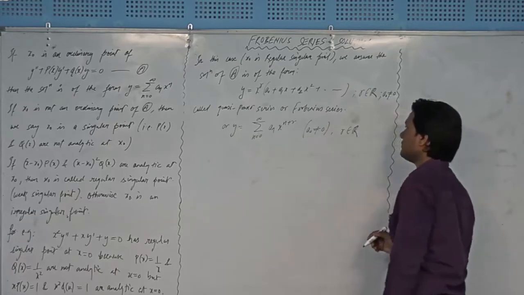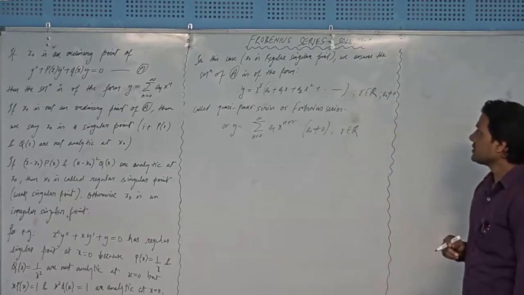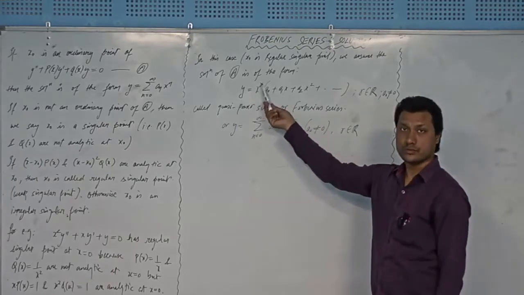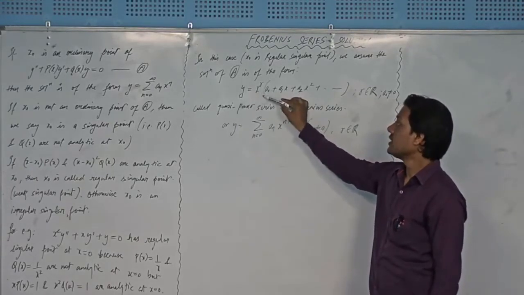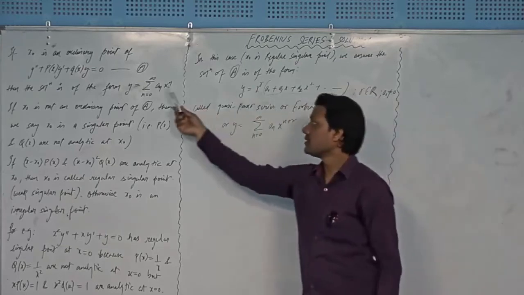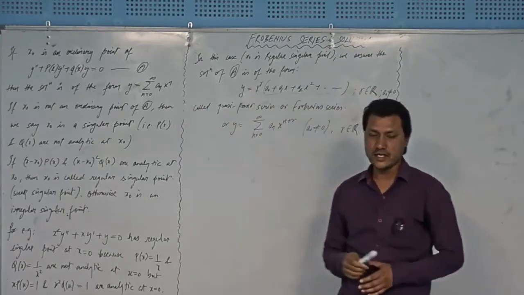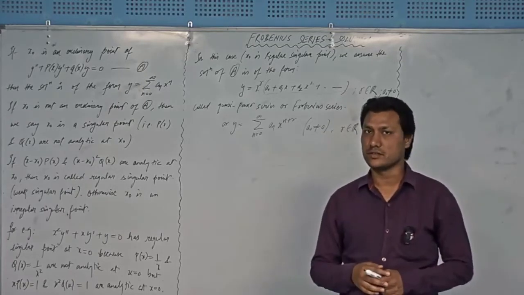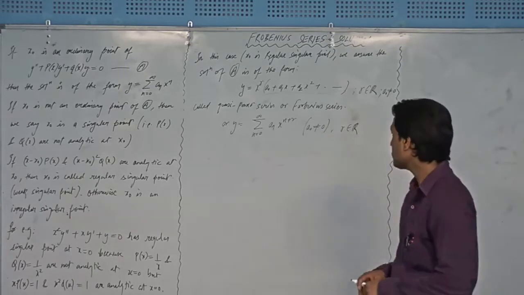Okay, and one more thing is there. If you put r equal to 0, then ultimately this series will be a power series, right? So we can say that a power series is just a special case of this Frobenius series, when r equal to 0.